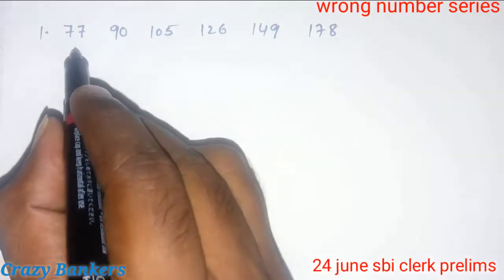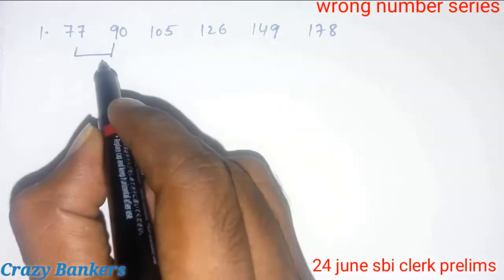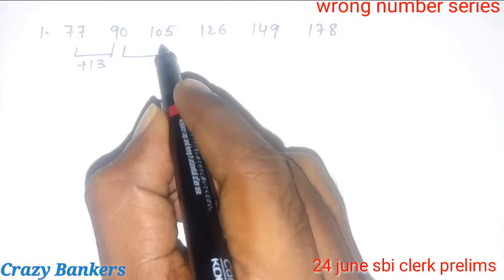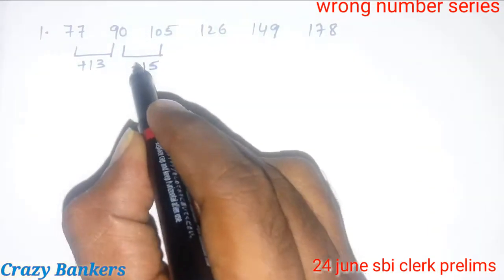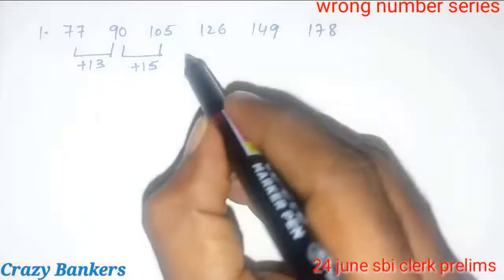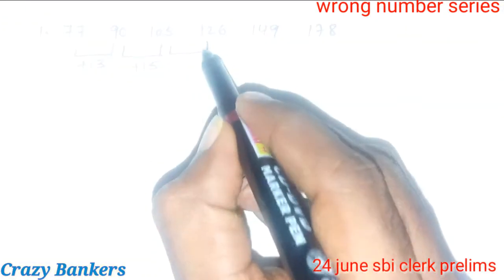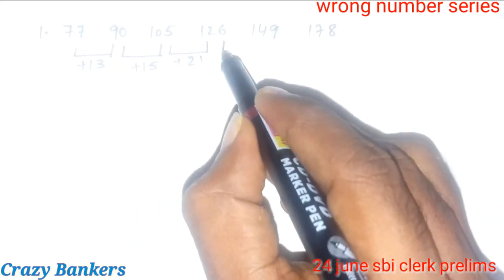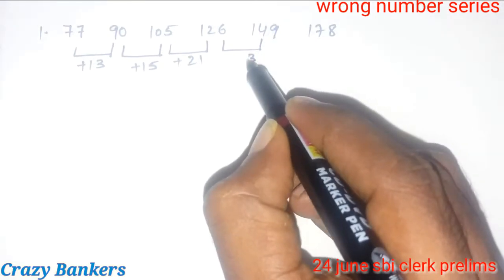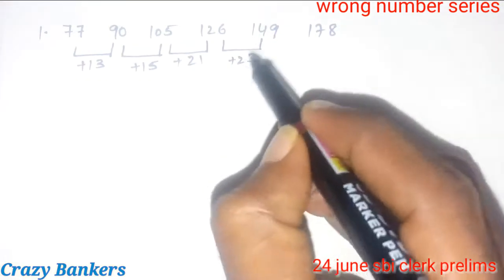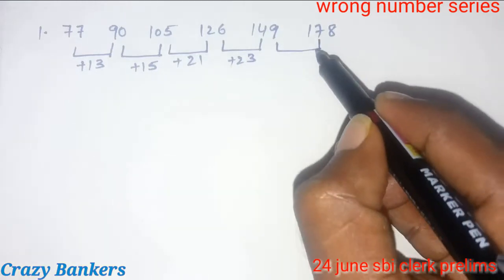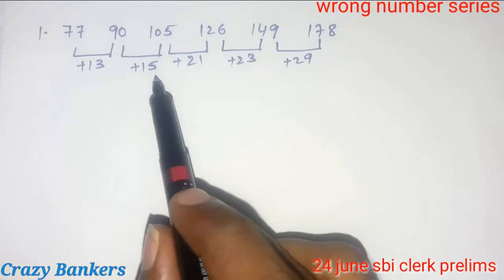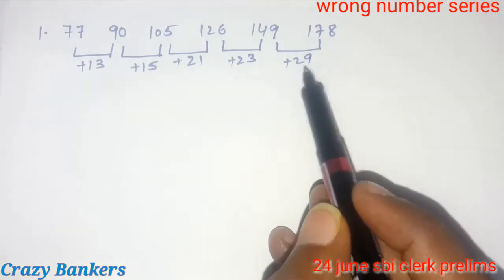Let's take the difference. 13, plus 15, next plus 21, next plus 23, plus 29. The differences are 13, 15, 21, 23, 29.